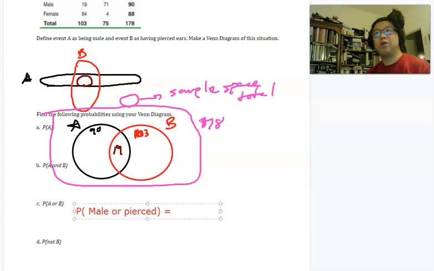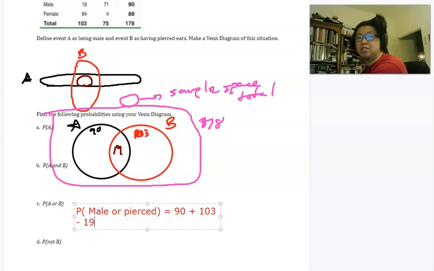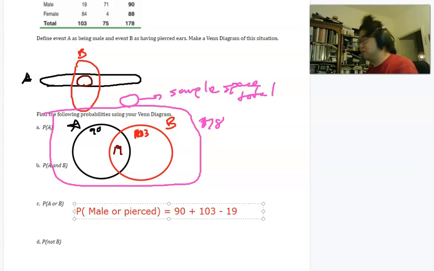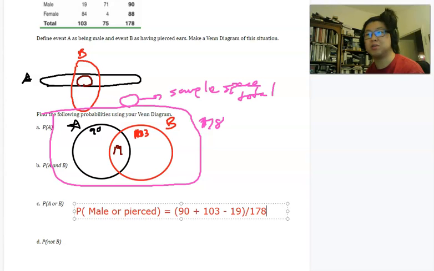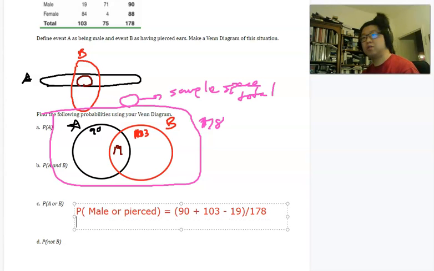Well, remember, our two numbers, our events: 90 for male plus 103 for pierced minus 19 for both, right? When we do that, we need to divide this whole thing by 178, which is our total sample space. You can feel free to do that at the end, but you should do all this addition in the first place.